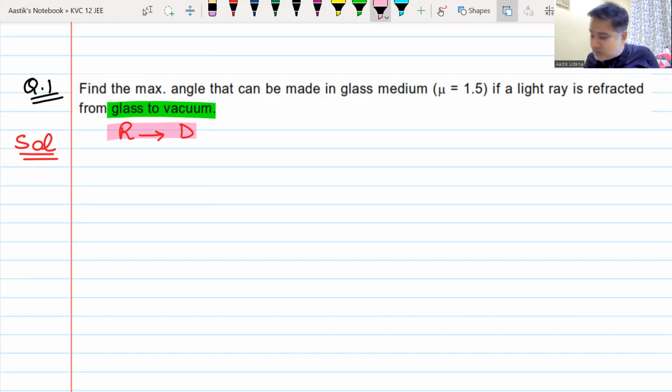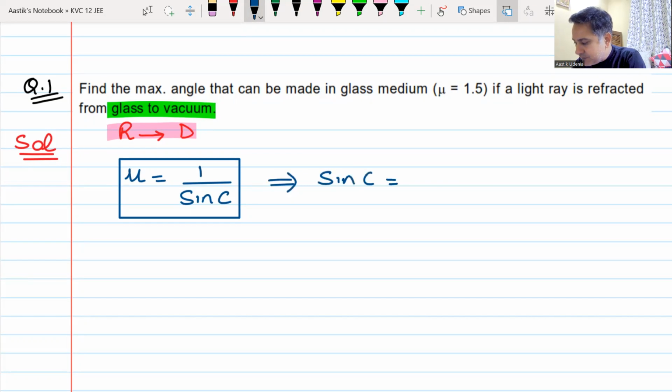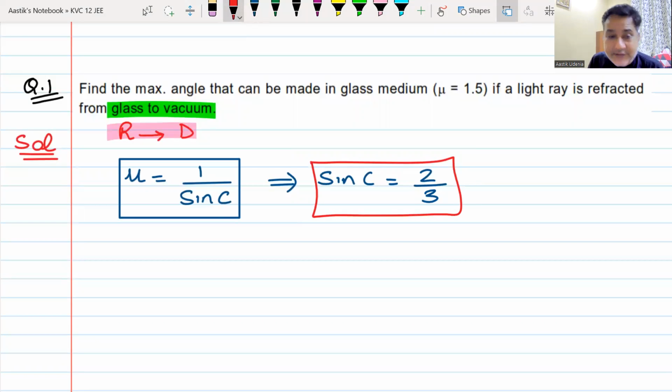You just have to find out the critical angle, and you can put the formula mu is equal to 1 by sine C. From here, mu is given as 3/2, so 3/2 is 1 by sine C. From there, I can get the value of sine C as 2/3. So the critical angle is sine inverse 2/3, and that is the answer we are looking for. Do we understand this? Yes or no?